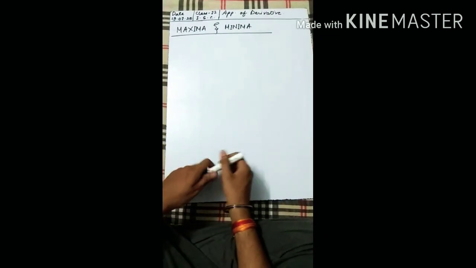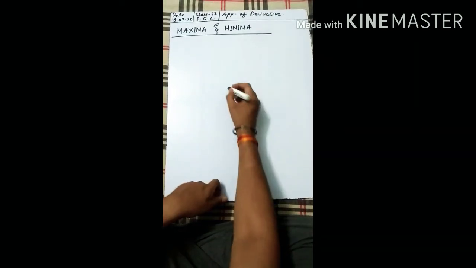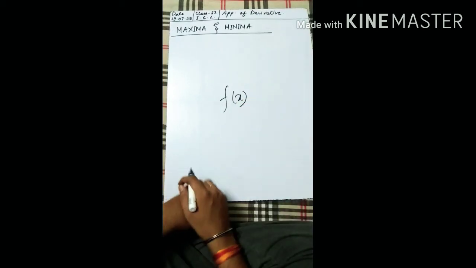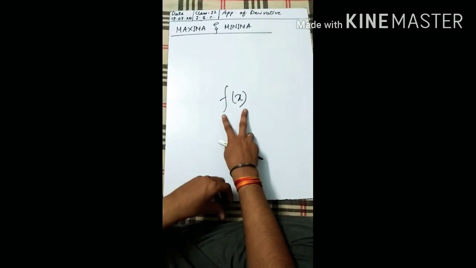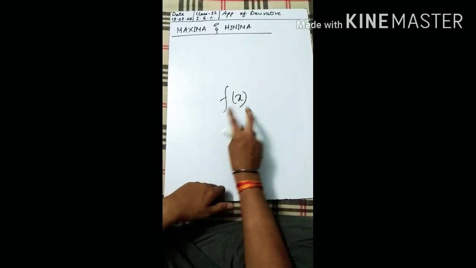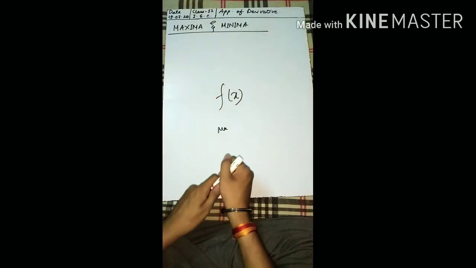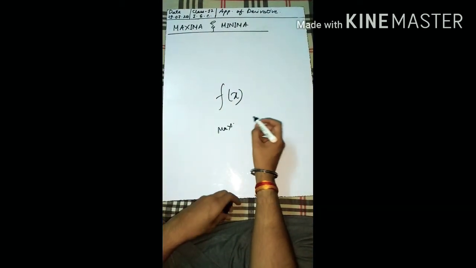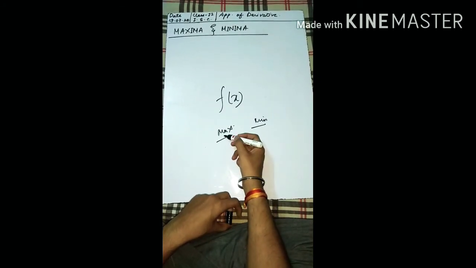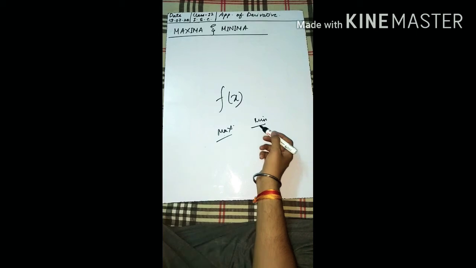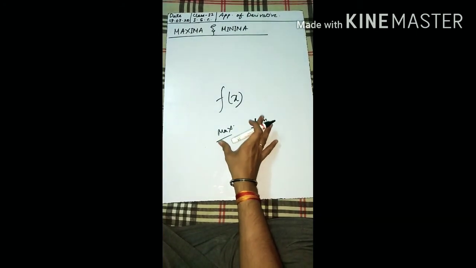Maxima says that if you have any function f(x) and you want to know what is the maximum value of this function, or at which point this function will give you a maximum value, and at which point the function will give you the minimum value, or the absolute maximum value, or the absolute minimum value. That means in this section we are going to emphasize on this.